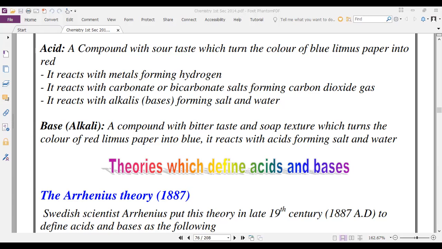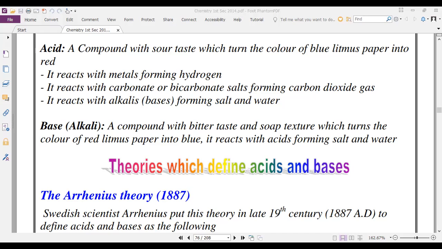Base, alkali, a compound with bitter taste and soap texture, which turns the color of red litmus paper into blue. It reacts with acids forming salt and water. It's okay. So they are the properties of both acids and bases. Any problem till now?